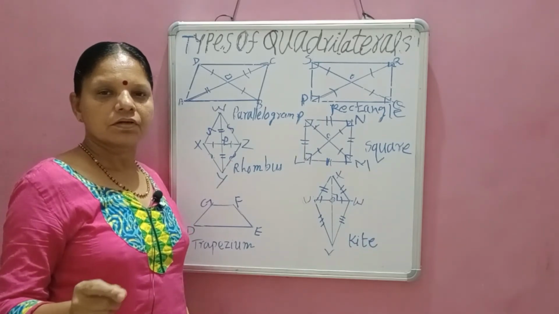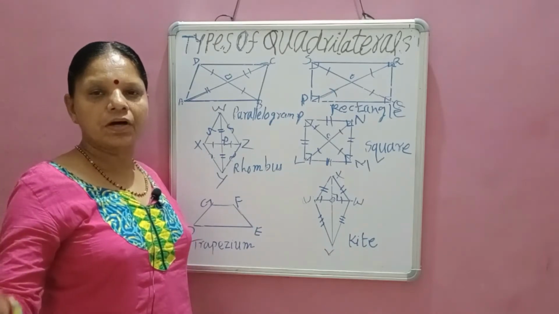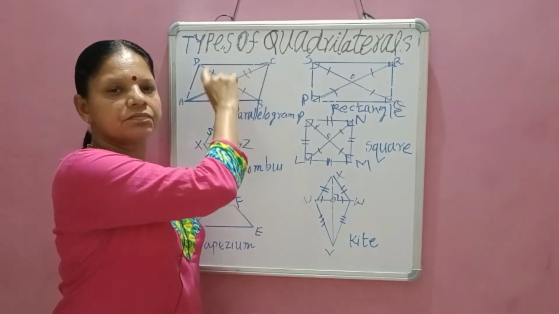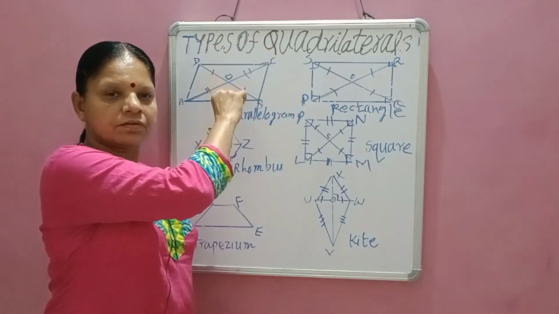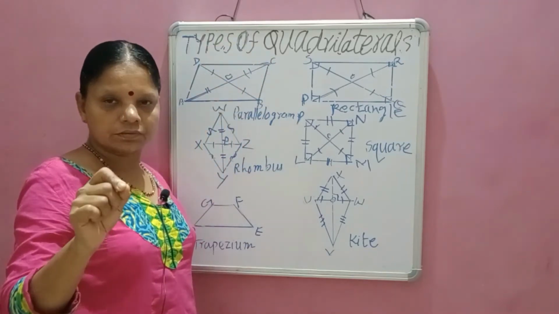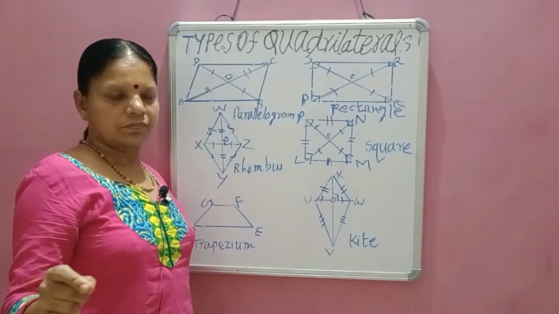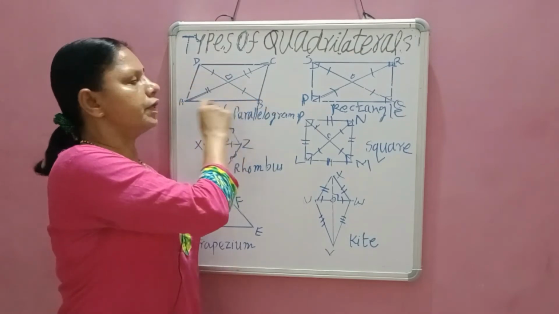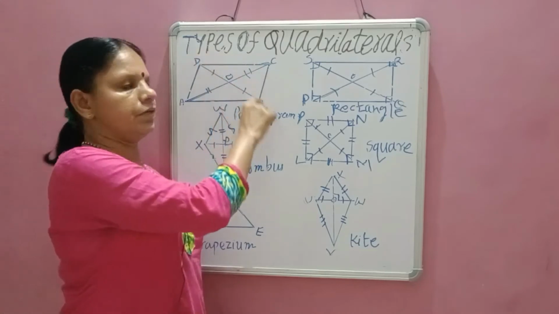Bisect means divide into two equal parts. So one of the diagonals bisects the other, and the other diagonal bisects the first one. That is the meaning of each other. Diagonals bisect each other. That is, O is the midpoint of both the diagonals. Which are the diagonals? AC and BD.